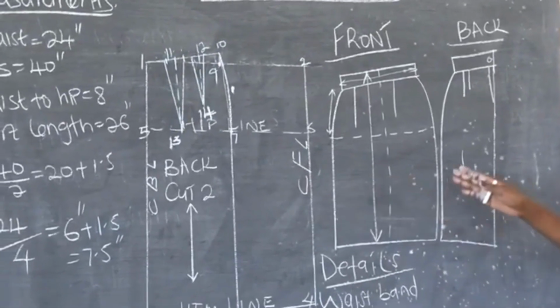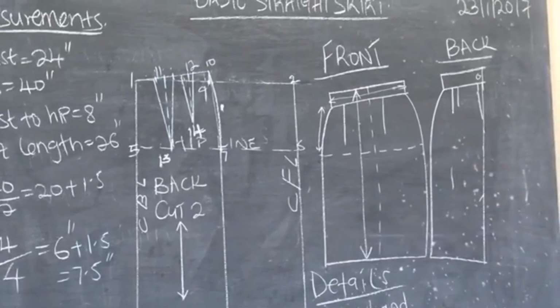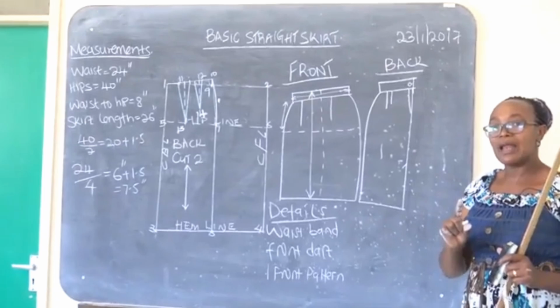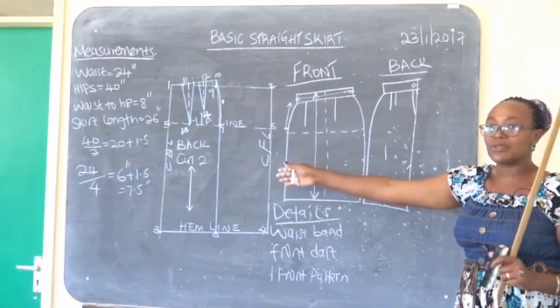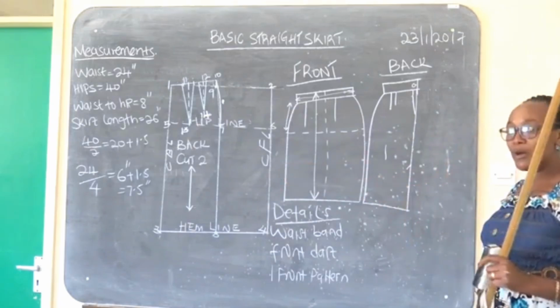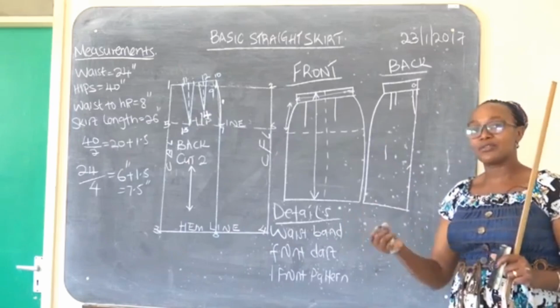But the moment we indicate cut 2, then we duplicate 2 of these patterns. With this pattern, we need to allow for seam allowances, stitching allowances. So we will trace out this part of the skirt and give it seam allowance. Seam allowance is where you cut and have allowance to stitch.